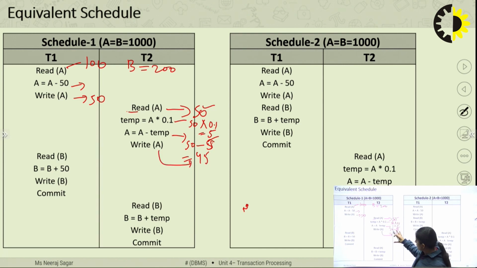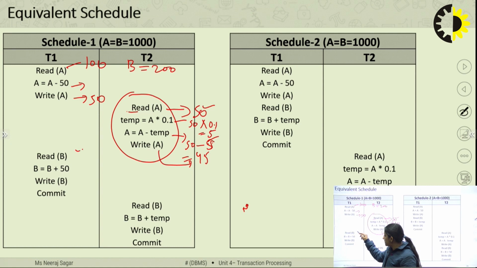Now after performing this set of instructions we get the value of A as 45.